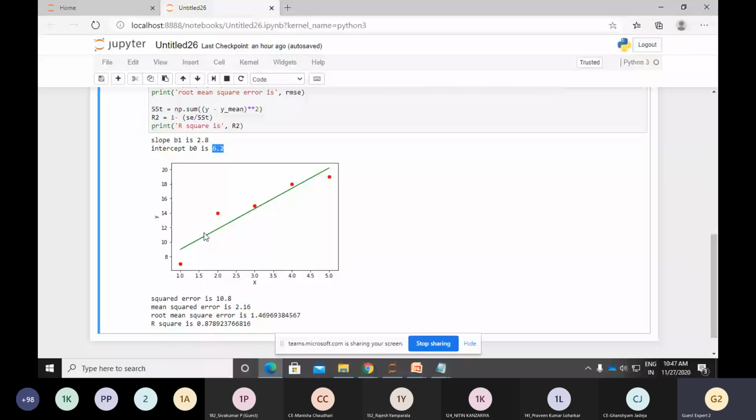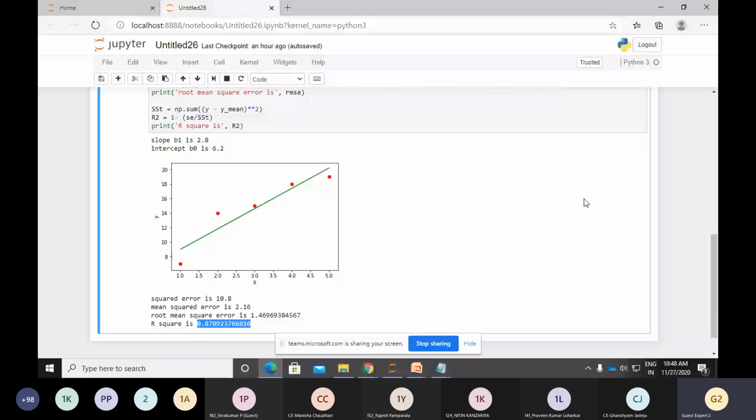These are our actual data points. This is our predicted line. This is our model, that is nothing but 6.2 plus 2.8 x, that line. The square error is 10.8, mean square error is 2.16, root mean square error is this, and the value of R square is this.